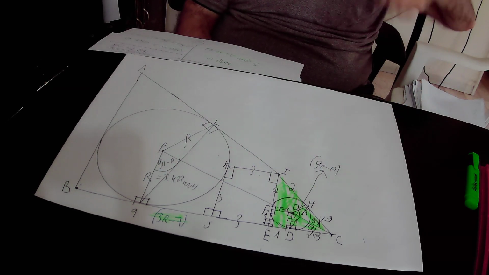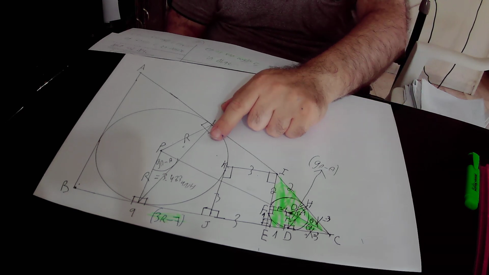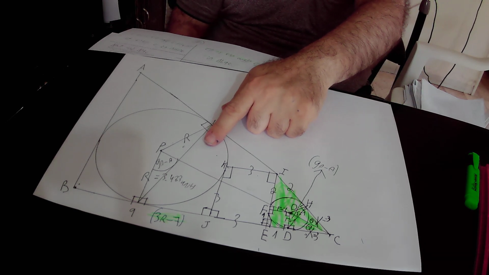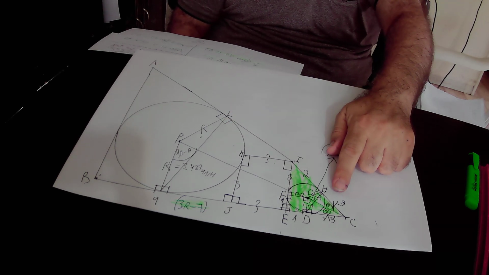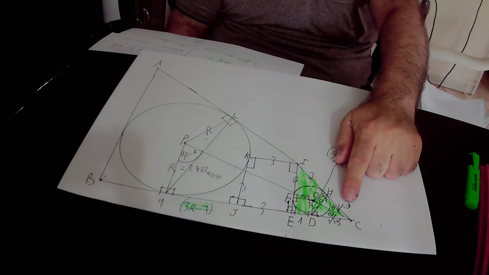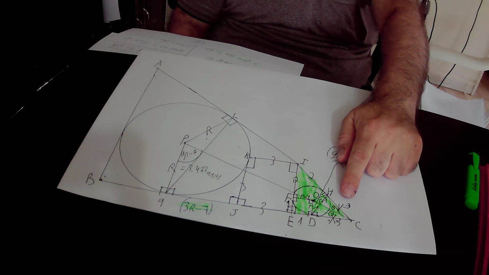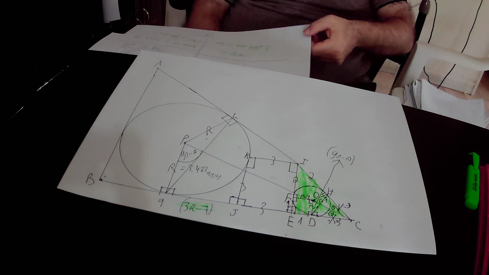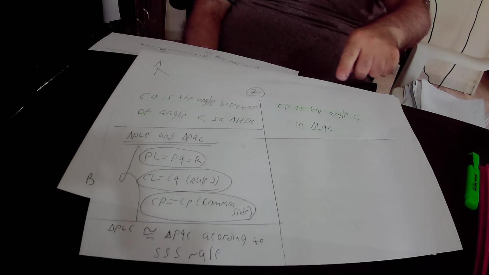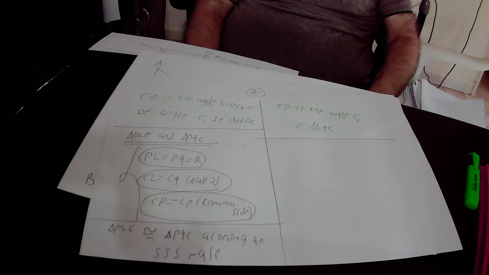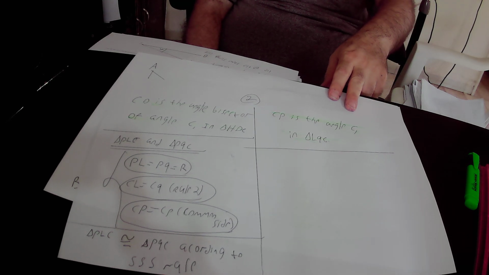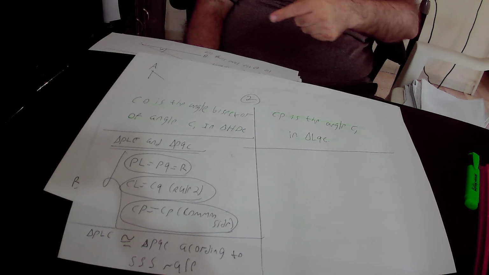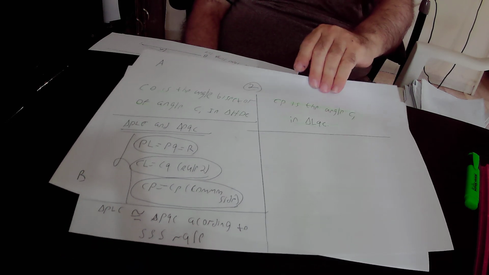So we can conclude that CP is the angle bisector of angle C, because it bisects angle C into two halves, each half equals theta, in triangle LQC. So angle C has two angle bisectors, CO and CP.